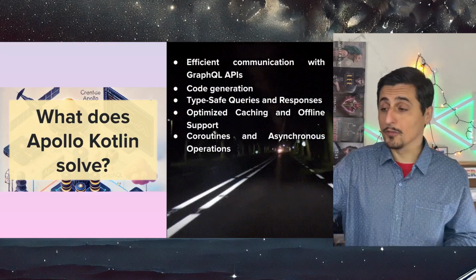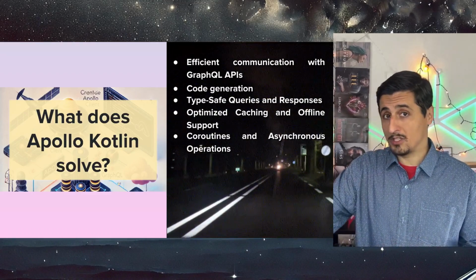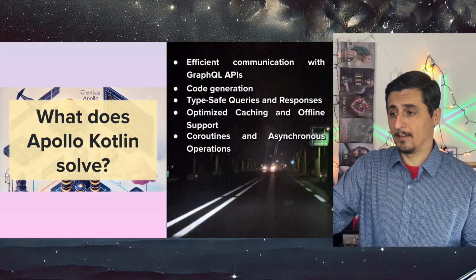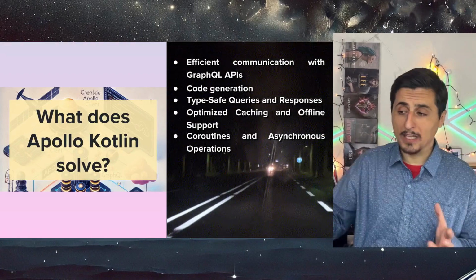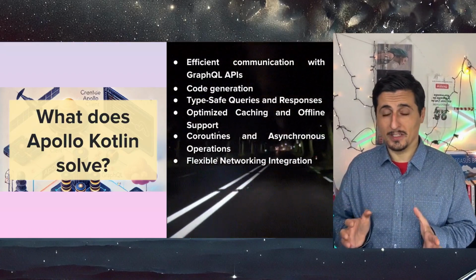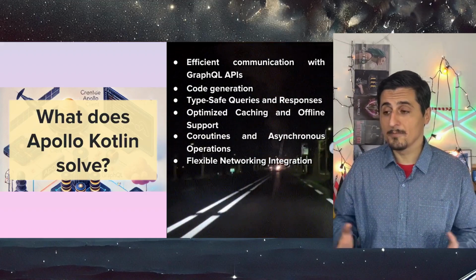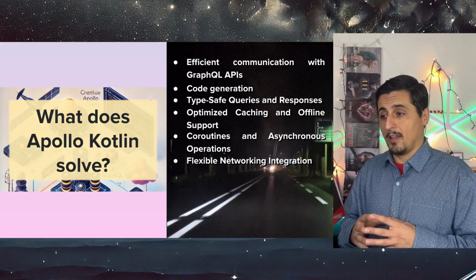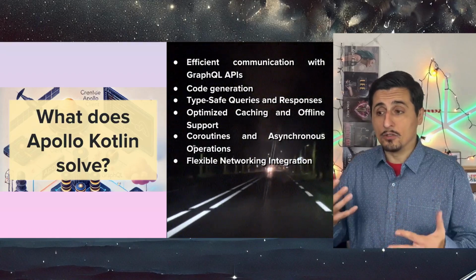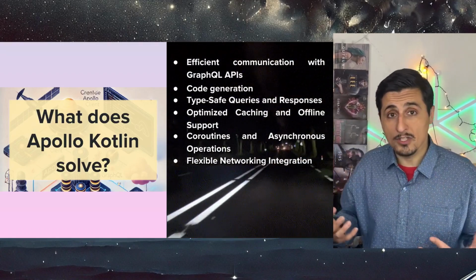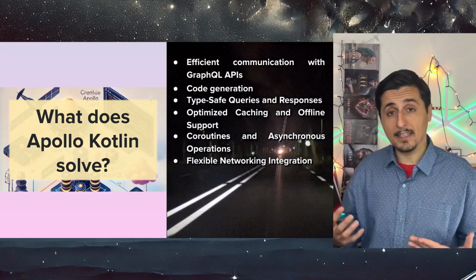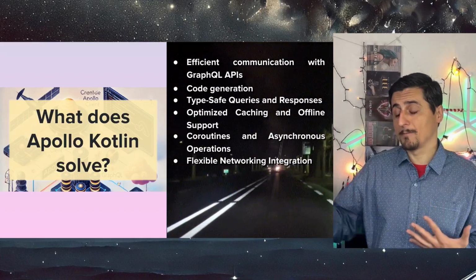It provides support for coroutines and asynchronous operations. It provides flexible networking integration. And what this means is that we can configure things like multiple retries, timeouts, anything that is related to good communication in a network. That is also what Apollo provides.